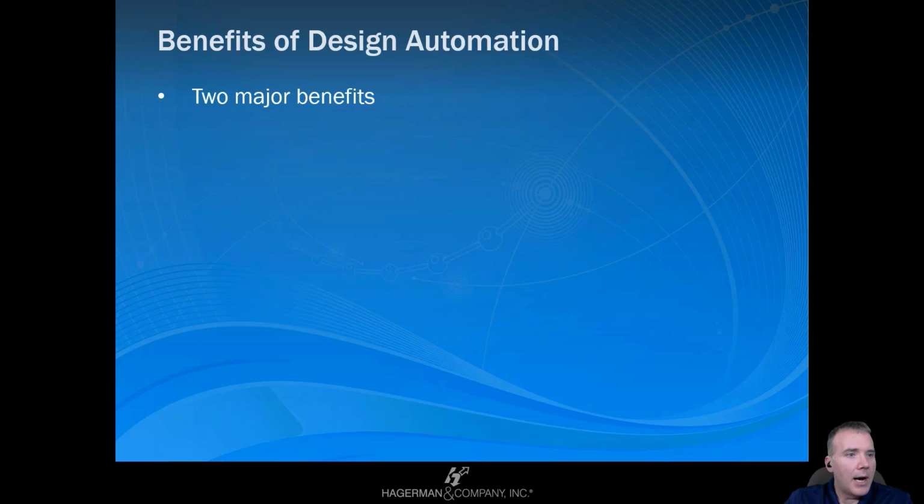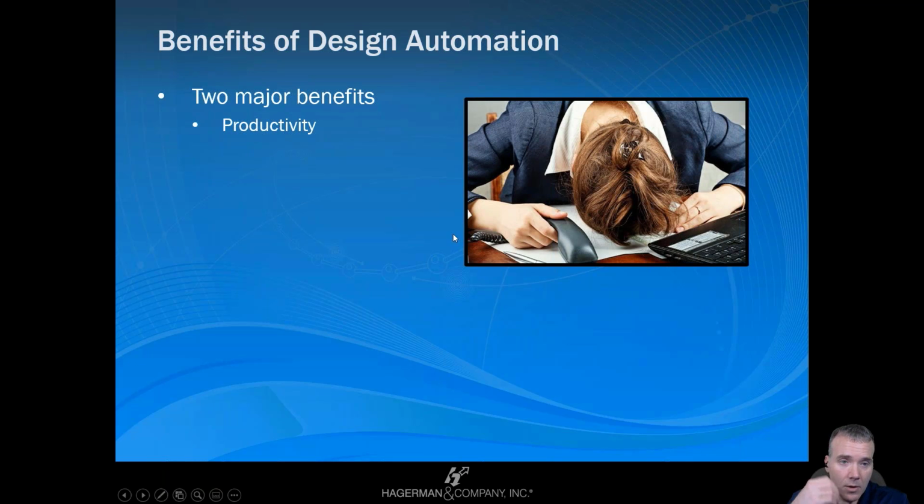Okay, so let's talk now briefly about the benefits of design automation. I want to make sure we clarify this. In my mind, there are 2 big ones. There are lots of ancillary benefits. The 2 big ones are productivity, right? We're all crazy busy these days.